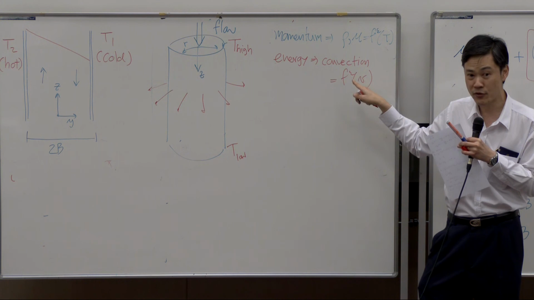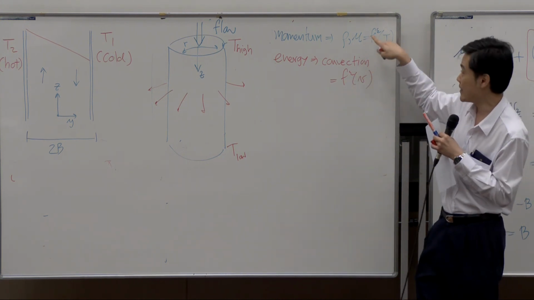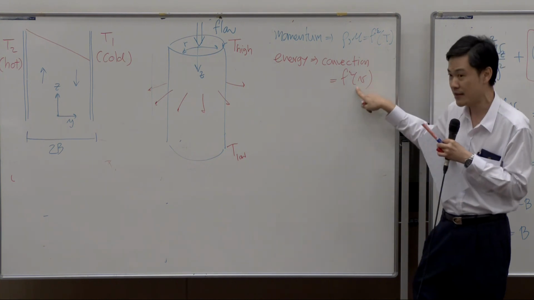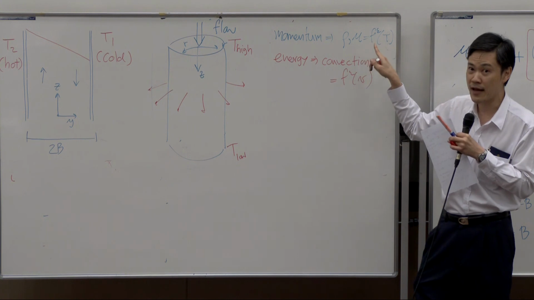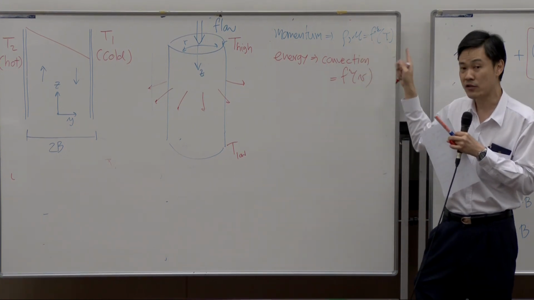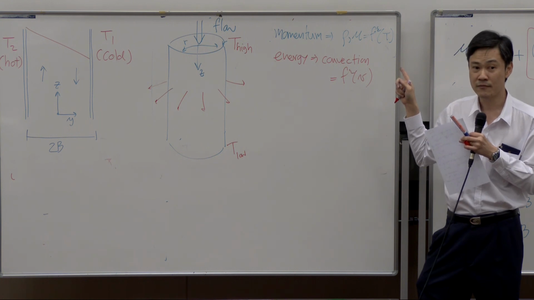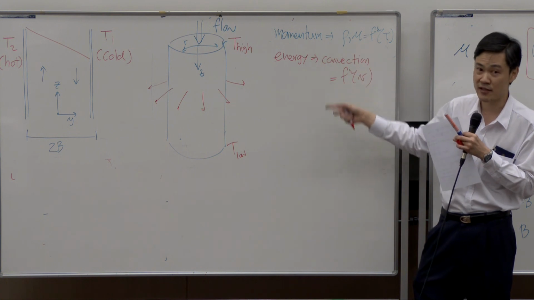So the only way to do this problem is to solve momentum first and get velocity profile, and plug it in here. In order to solve momentum first, you have to do it under the assumption that density and viscosity are not a strong function of temperature, which makes sense if temperature is not significantly different.